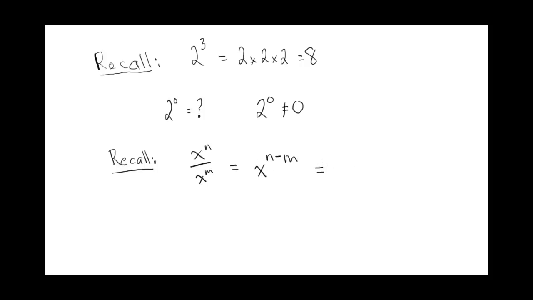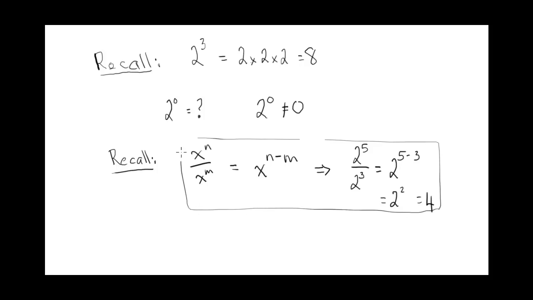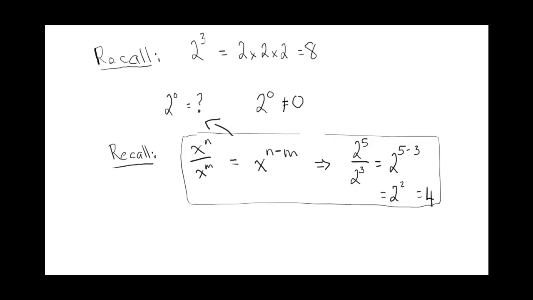For example, 2 to the power of 5 over 2 to the power of 3 simplifies to 2 to the power of 5 minus 3, or 2 to the power of 2, which is 4. If you remember this rule, then that's basically going to tell us what we have to make this equal to.